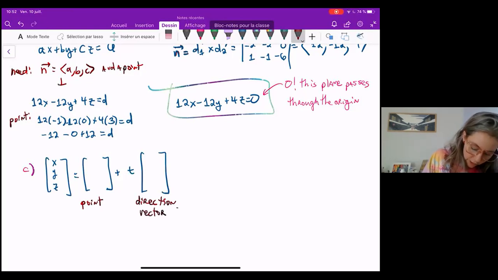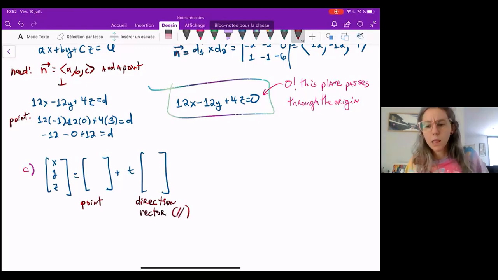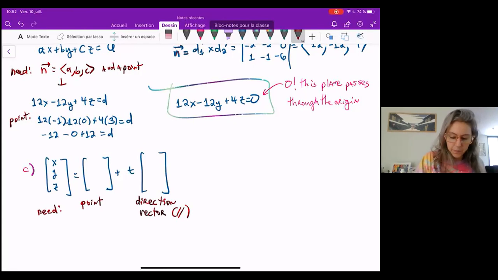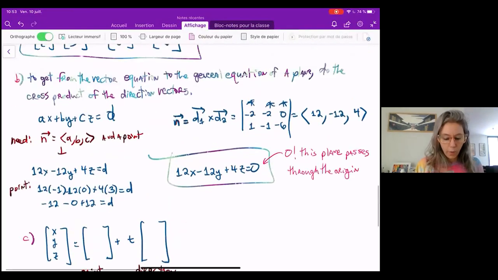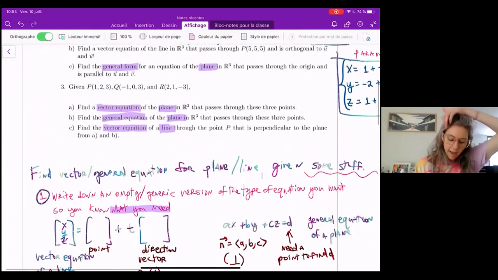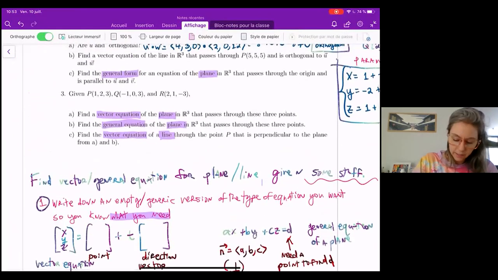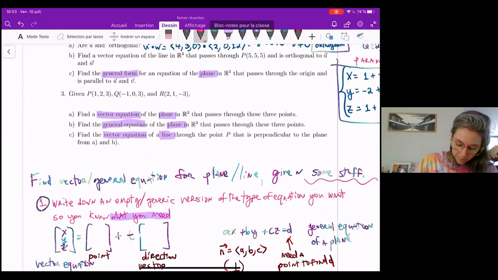And remember, direction vectors are parallel. Lovely. Now, let's go see what we have. This is what I need. What do I have? Oh look, I have a point through the point P. That's great. So that's one of the things I need. I need a point.